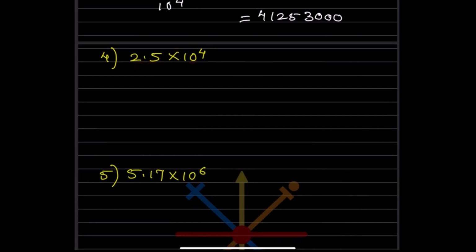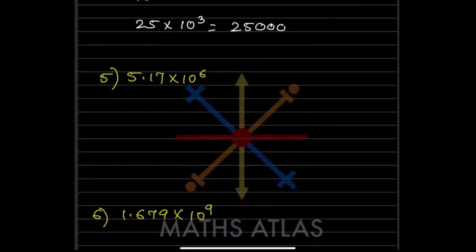Now the next one, 2.5 into 10 raised to 4. You can write this as 25 by 10 into 10 raised to 4. So 25 by 10 means 10 raised to 1. So we write 25 into 10 raised to 4 minus 1, that is 10 raised to 3. That will be 25 and you put 3 zeros, that is 25,000. Now here after the decimal we have two numbers.